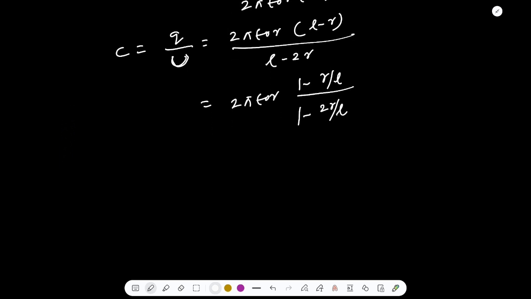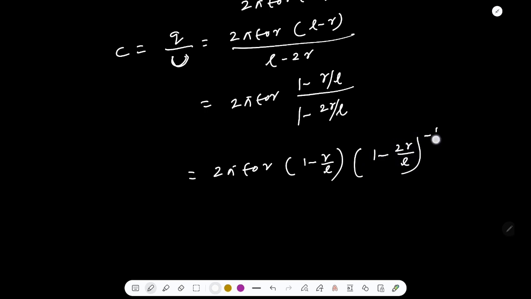If you want to do something more, you can also write it as 2 pi epsilon naught R times (1 minus R by L) multiplied by (1 minus 2R by L) raised to minus 1.